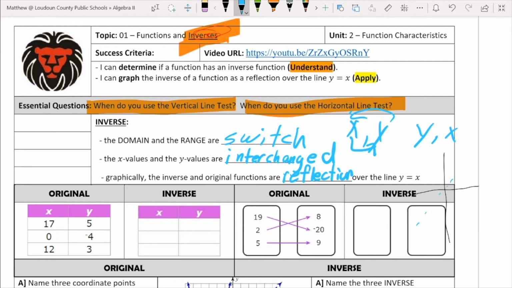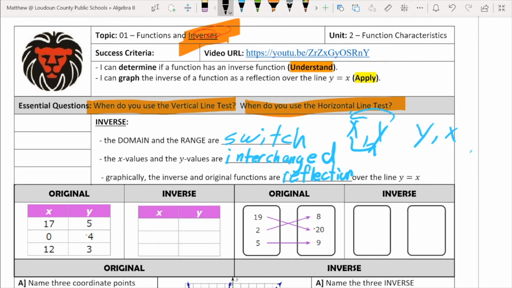This is the y equals x line. It's like that. So it's going to be reflection over this line. All right, so like, hey, the smiley face right here. It's going to be reflected kind of like that over that line. It's going to be something that looks like that. Again, not completely graphically accurate there, but it's a start.